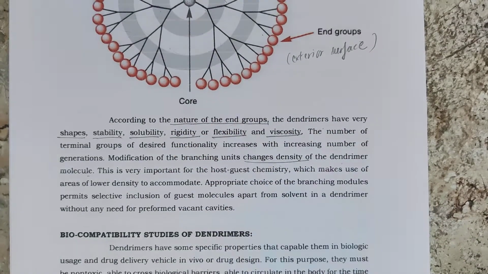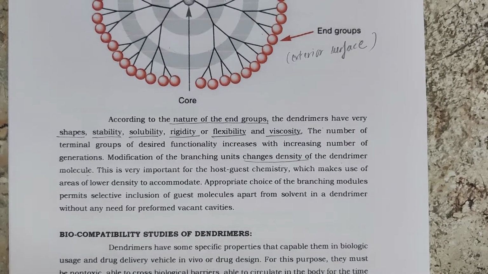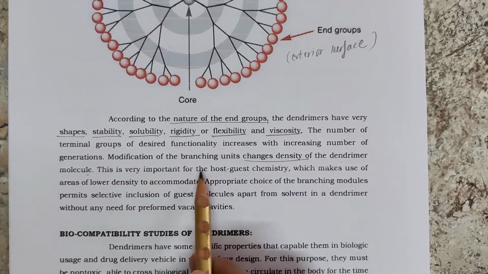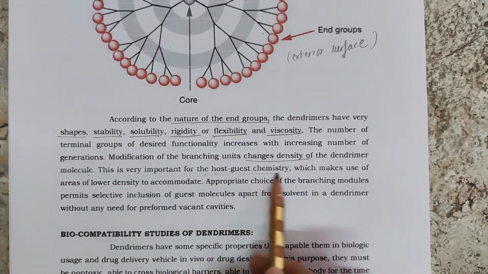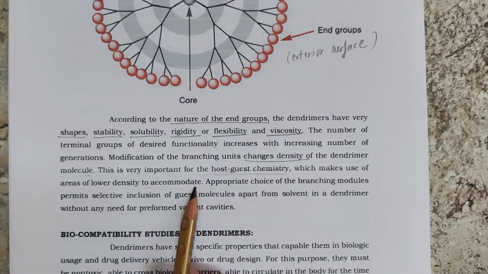And if we have to accommodate a smaller guest molecule, then we will take something that is high in density and fill up the space so that the cavity size decreases. So the density is also important for host-guest chemistry, which makes use of the areas of lower density to accommodate.